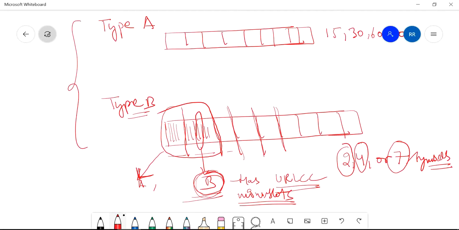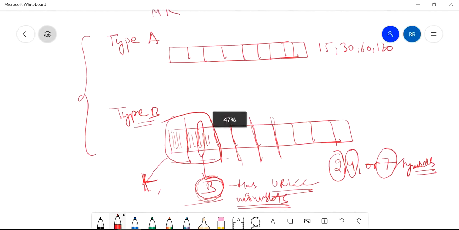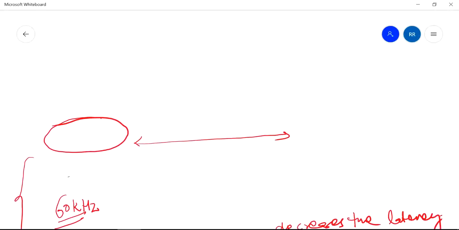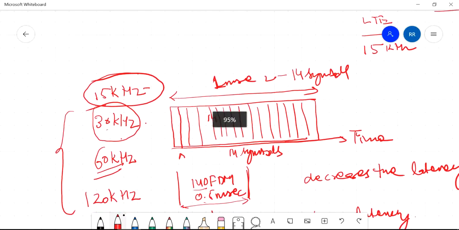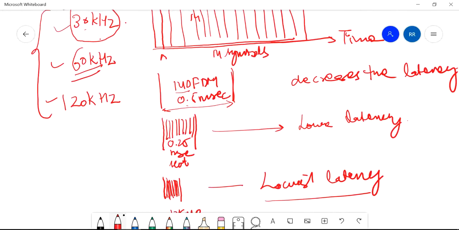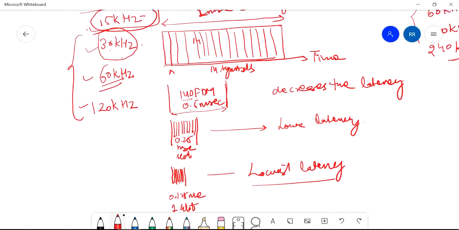This you have to remember, the main difference. First was numerology: the subcarrier spacing is fixed in LTE. In terms of numerology, only 15 kilohertz is fixed, but in NR we have 15, 30, 60, 120 as well, and accordingly the size of the slot will vary, as I have shown here.